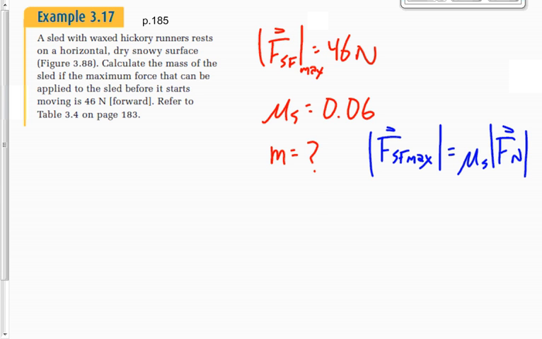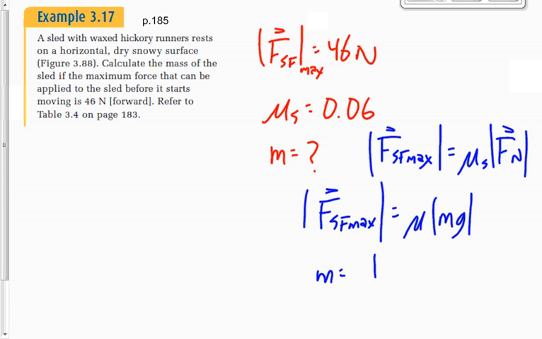Okay, so for now, we're going to say F_s max is equal to mu times m times g, g being 9.81 meters per second squared. Let's rearrange it to solve for m. Let's take the mu and the g over by dividing.